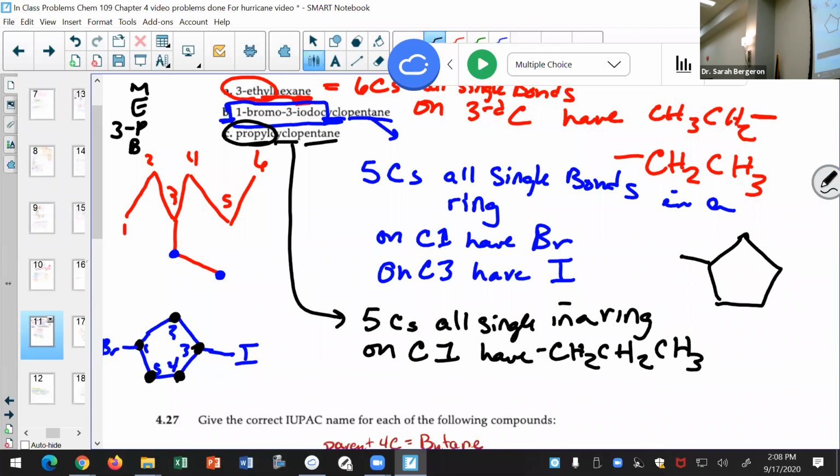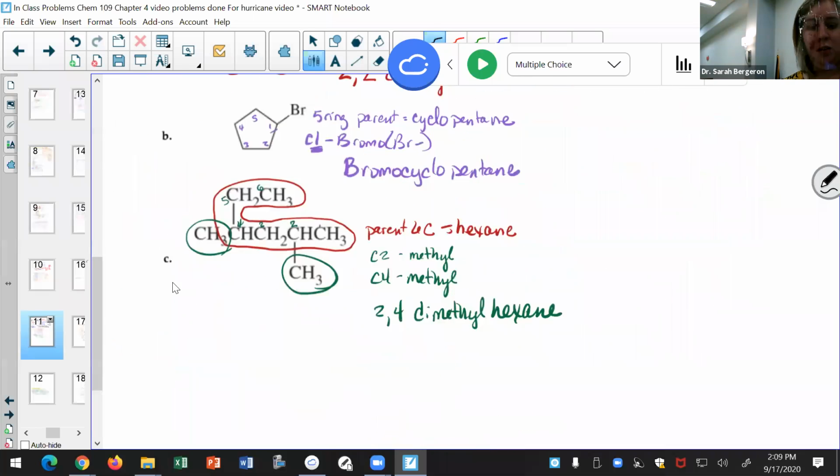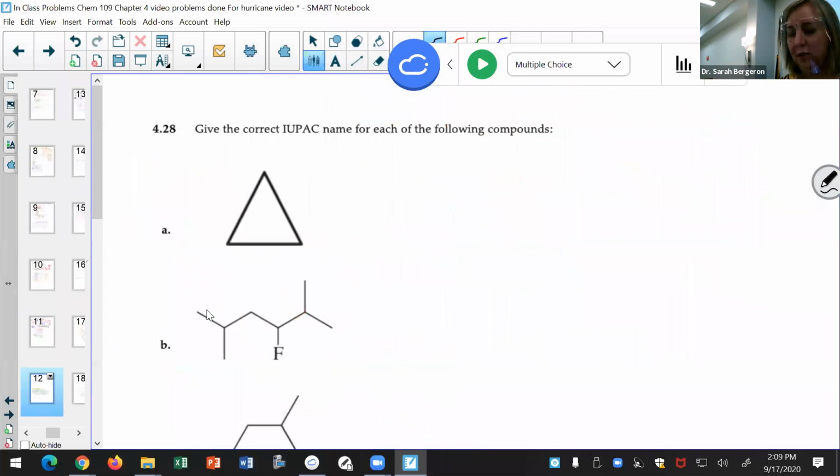Then what? 2 carbons, 3 carbons. Okay, good. All right, next page.